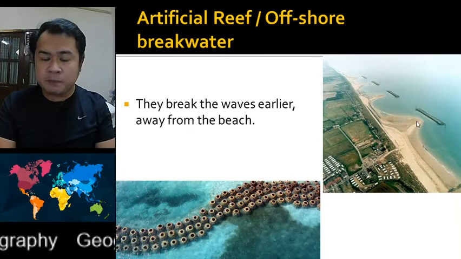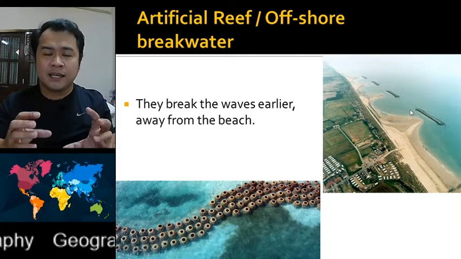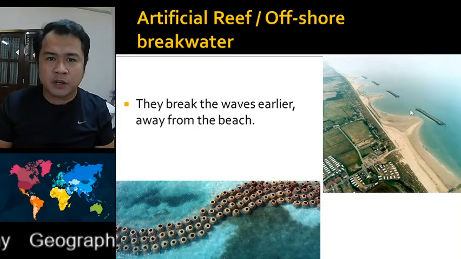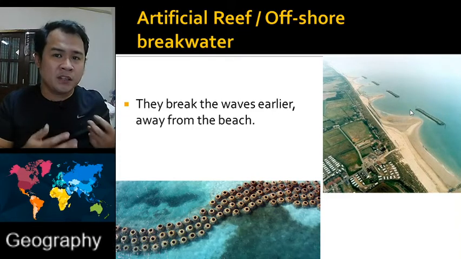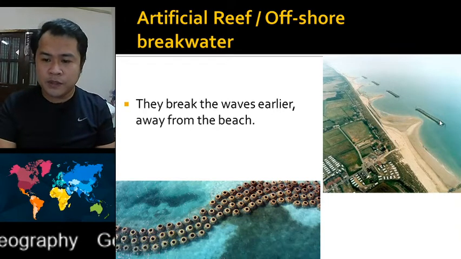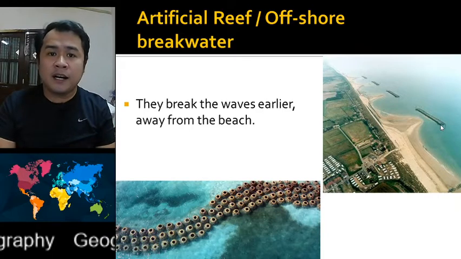In this picture, this is an offshore breakwater. Again, it's self-explanatory with the word. Offshore means away from the shore. Breakwater is just breaking of water. So these lines in here are the breakwaters.